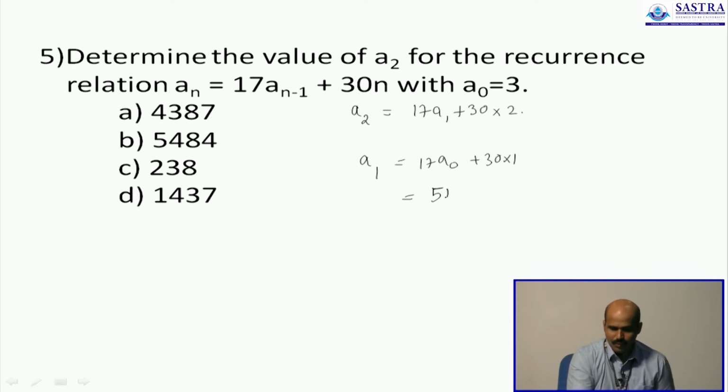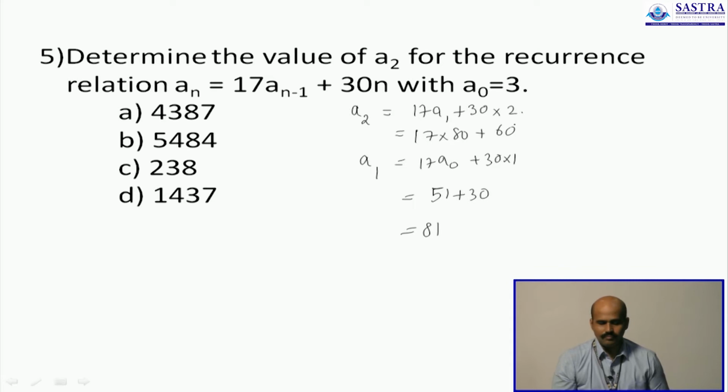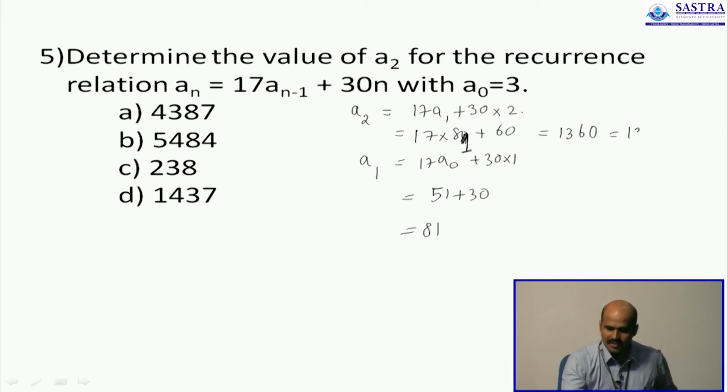17 times 3, which is 51 plus 30 is 81, and this is 17 times 81 plus 60. 17 times 81. 17 eights give you 136, or 1360 is what we have here. 1360 plus another 17, so that's 1377.